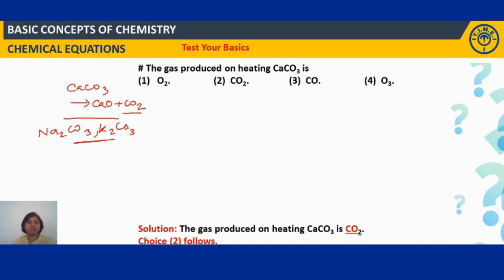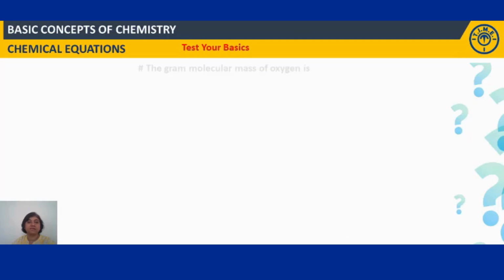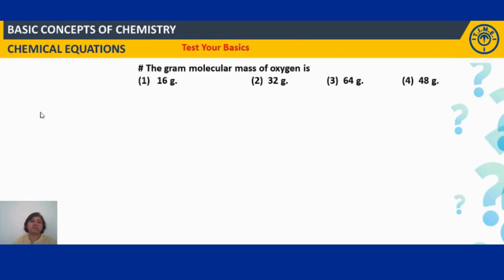Let's see the next question. The gram molecular mass of oxygen. What is the gram molecular mass of oxygen? Options are also there. Now, what is the formula of oxygen? Just in the first question I discussed, I think you have remembered that. Gram molecular mass and gram atomic mass difference.